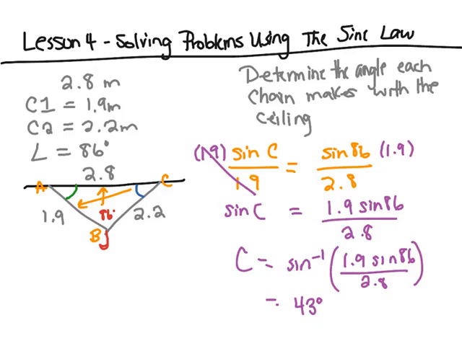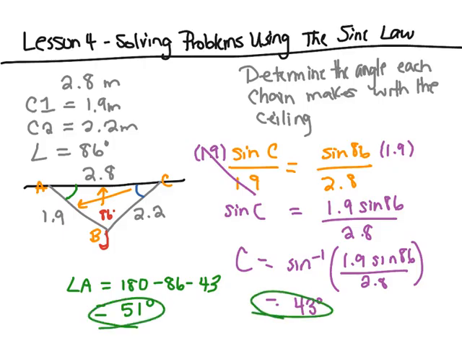To find the last angle, which is A, you take 180 minus 86 minus 43, and you should get 51. So the angles made between the ceiling and the two chains are 51 and 43. You could also do it the other way and find this angle first. It doesn't matter what you do. You might get a slightly different answer due to rounding. Either is fine.